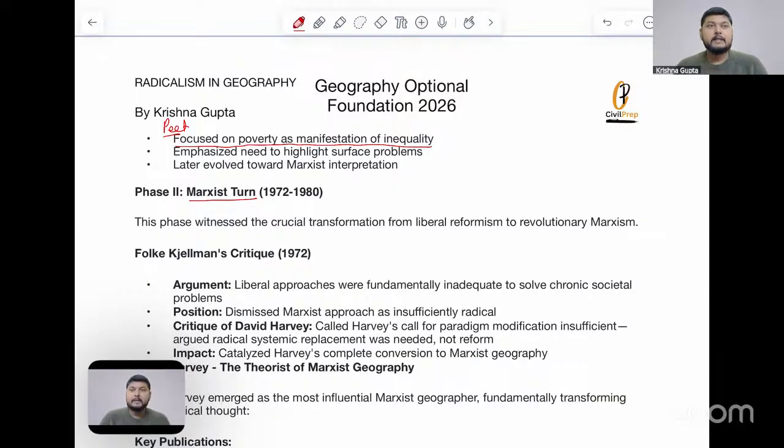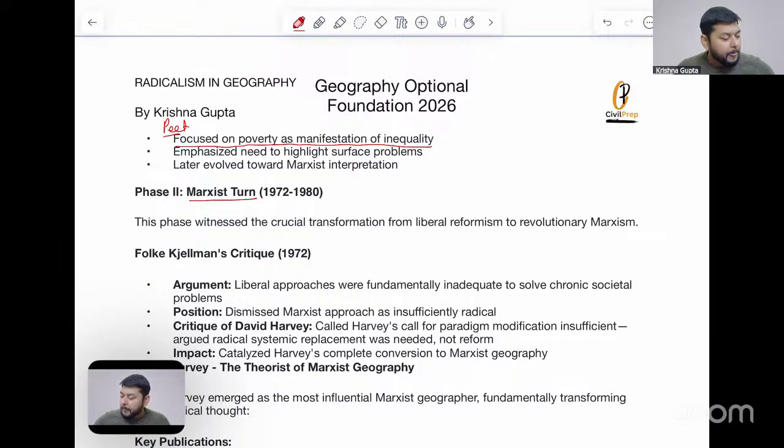For example, if you look at the countries that were colonies of colonial powers, under imperialism, 90% of those countries are still facing inequality and poverty in their structures and approach.